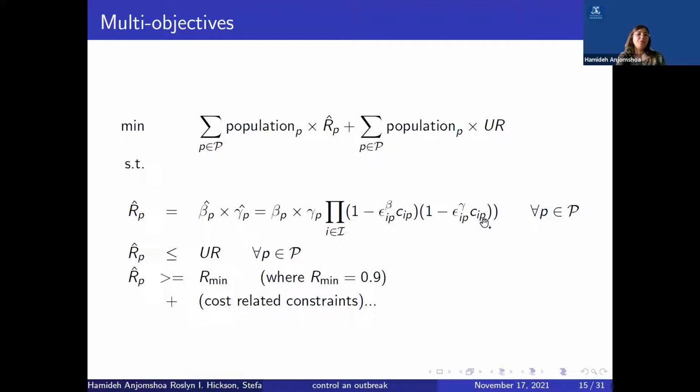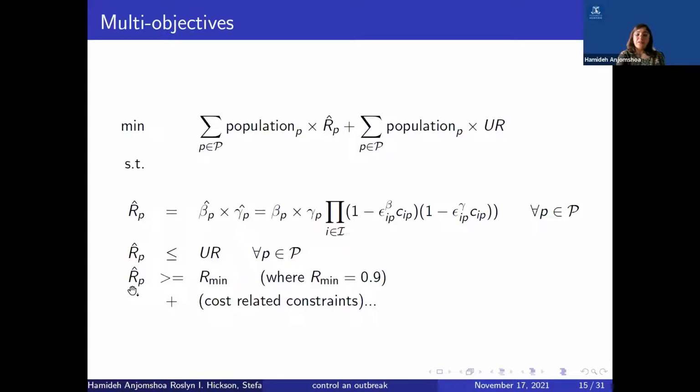I'm sure people coming from a linear background start to be nervous and say, whoa, we have multiplication here. Yes, stay tuned, we will fix that with our hammer of linearization. And RP hat is less than or equal to the upper bound of R. This is the one we have in the objective.